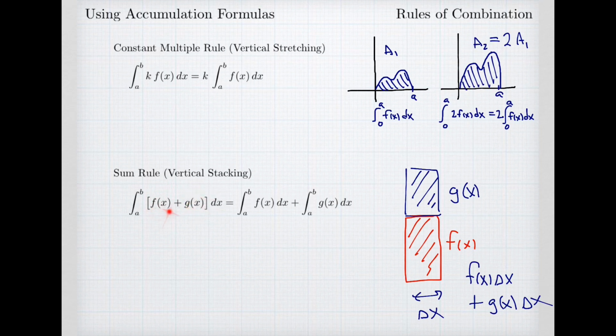And so f of x might be from one hose and g of x might be from another. The integral on the left is the amount of total water added. Well, the integral of the first hose says how much water was added from the first hose. The second integral is how much water was added from the second hose, and so the total is just the sum of the parts.